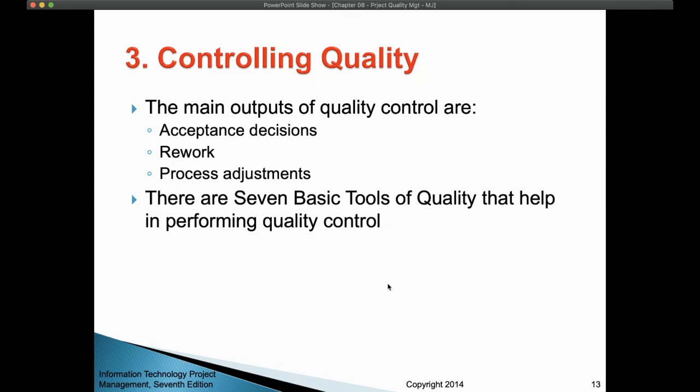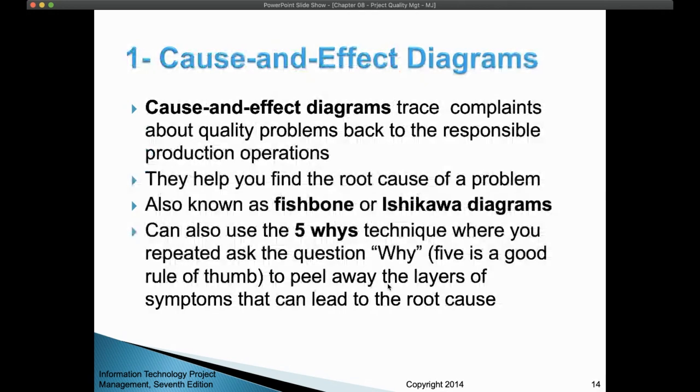I'll just go through them quickly just to understand what these are. You can define them, and if there is something that we need to explain, I will explain it, but I won't go into details because some of them, like the Six Sigma, need a complete course only to understand. So the first one is the cause and effect diagram.